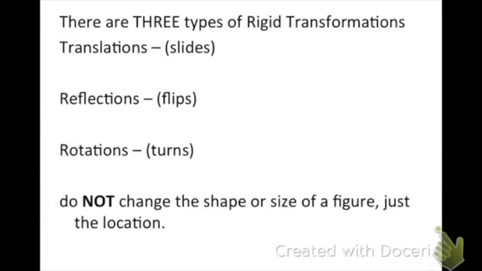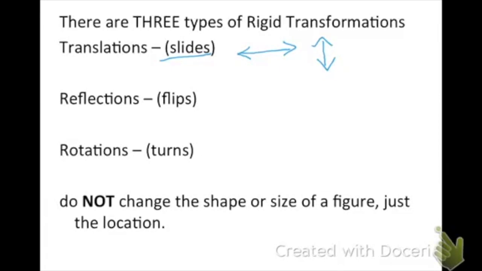All right, there are 3 types of rigid transformations, and you're familiar with all of them. The first one is a translation, which you know as a slide, and that tells you to move a figure left or right and up and down.